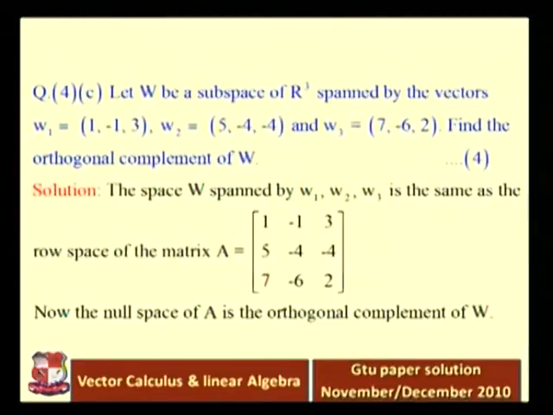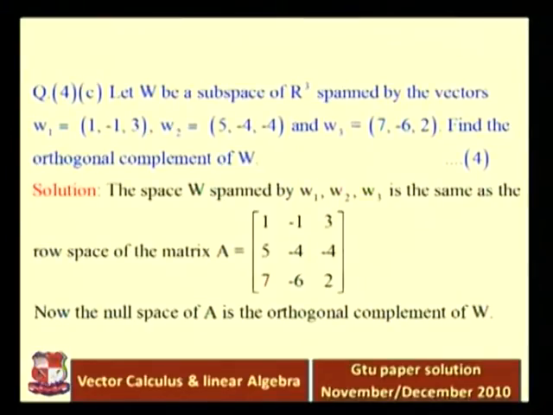Let W be a subspace of R3 spanned by the vectors W1, that is (1, -1, 3), W2, that is (5, -4, -4), and W3, that is (7, -6, 2).